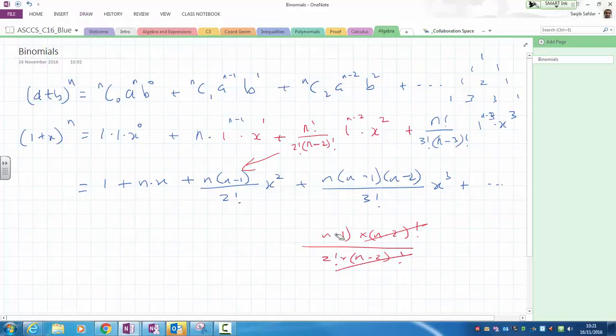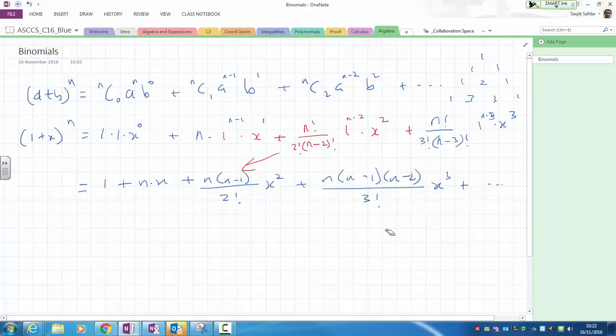And what we're basically saying is that when you've got (1 plus x) to the power of n, it falls into this nice expansion over here, and you can see the pattern where x goes up in powers, and you've got n, n minus 1, n minus 2, etc. divided by corresponding factorials.